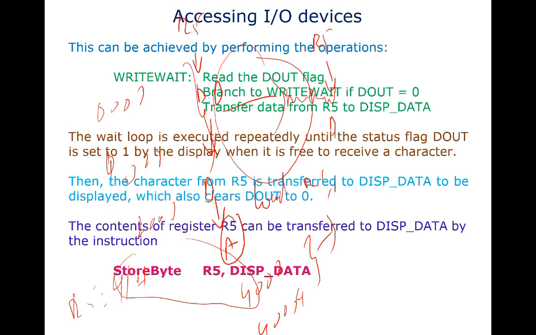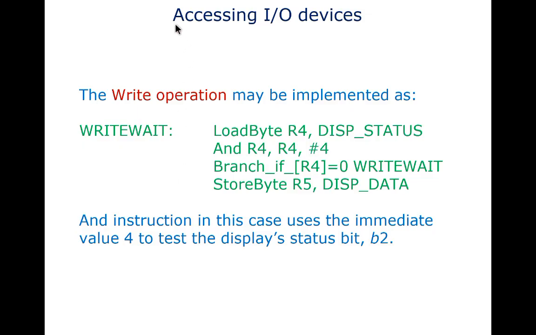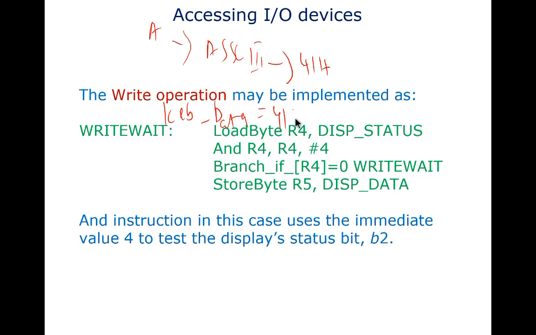If I press A, it goes to the ASCII, which has the representation 41h. The next step is that the keyboard stores it, in the keyboard data which we discussed in the previous video, it stores 41h. Then the keyboard interface KIN will be set to 1.